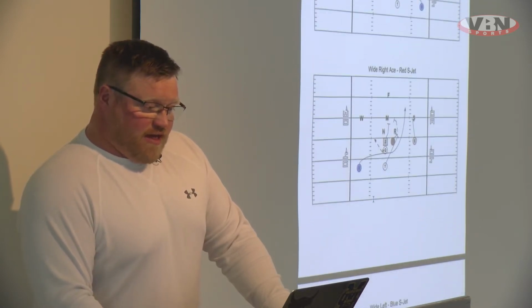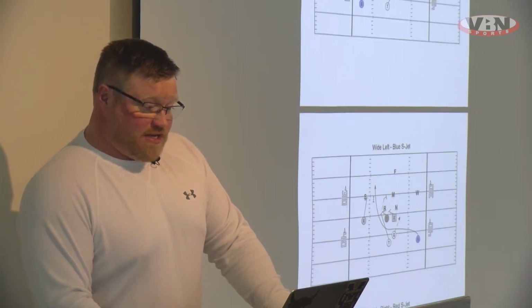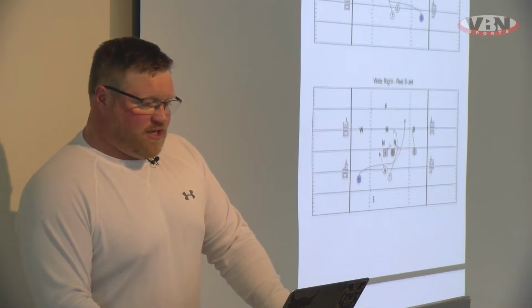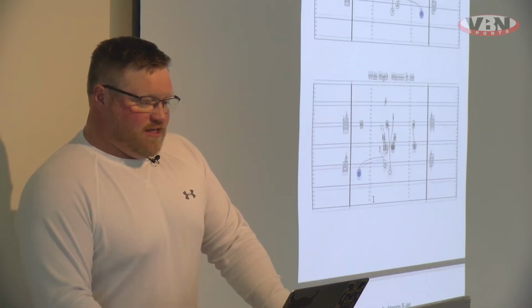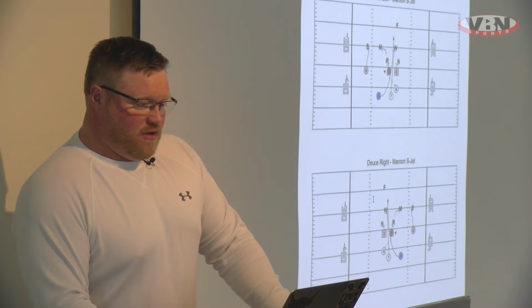Their running game, they had lots of motion. They liked giving their jet sweeps. They liked some tailback dive stuff. But you can be really creative out of this. They did both out of shotgun, out of under center. These guys were very thorough in how they did stuff.